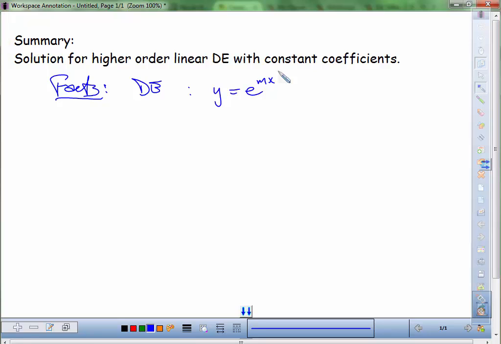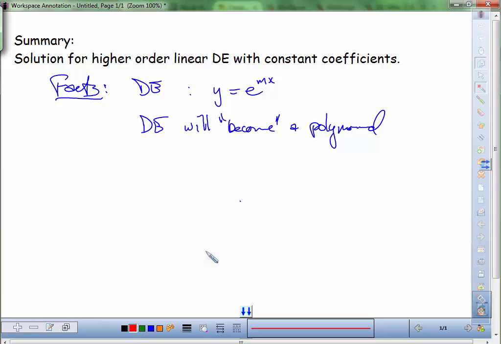Your differential equation will become, I'll put become in quotes, a polynomial. And we know that this polynomial is called the auxiliary equation.